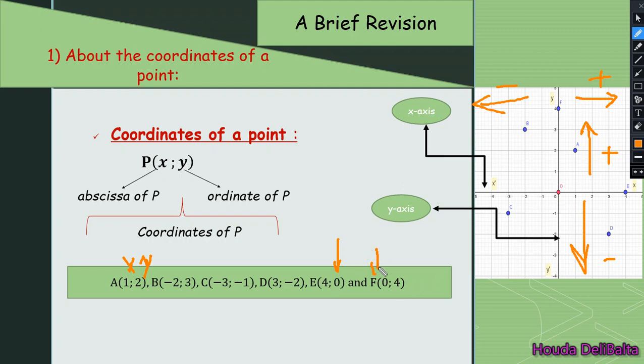Note that the abscissa of F is 0, so F doesn't have to move right or left. F just moves along the y-axis, and it moves positively because its ordinate is positive, so we go upwards 4 units. And this is a revision for the coordinates of a point and for plotting points as well.